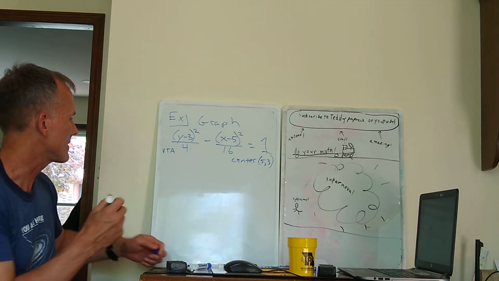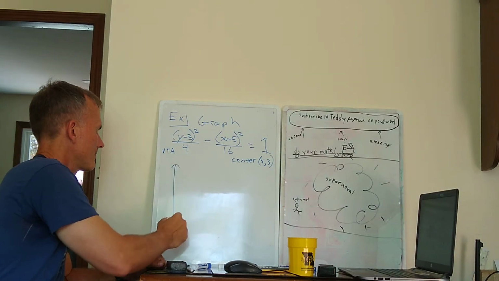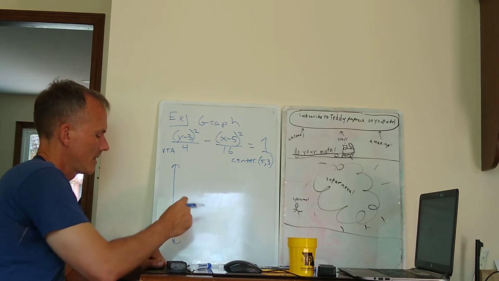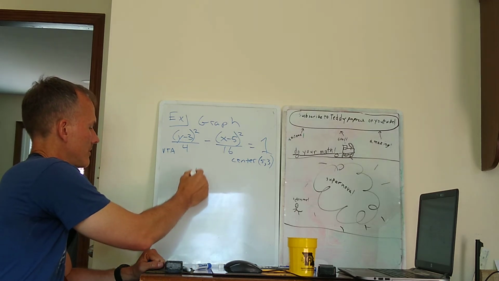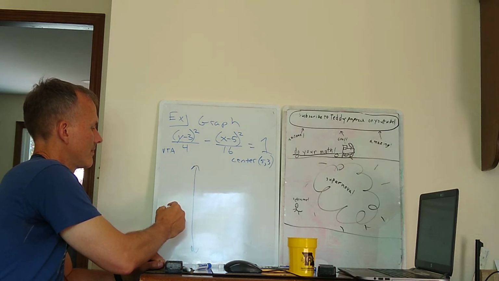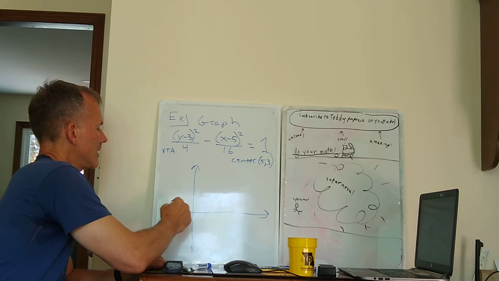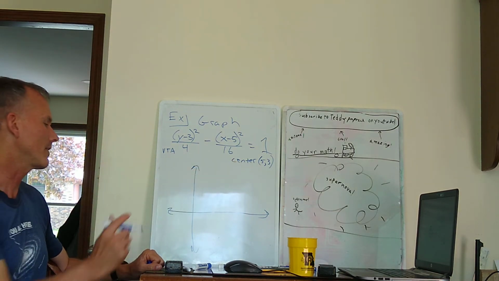So what I'm going to do then is draw a set of axes. Tell you what, let me move that y-axis over just a little bit. You'll see why. Okay, so my center's at 5, 3. Maybe I'll put that on there first.